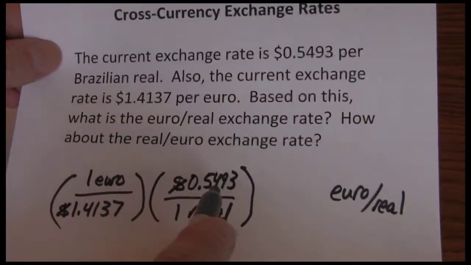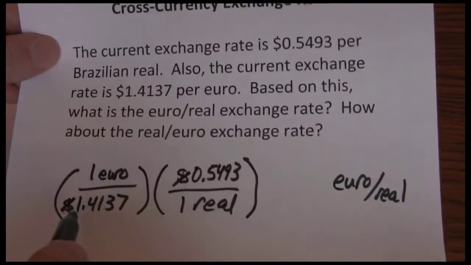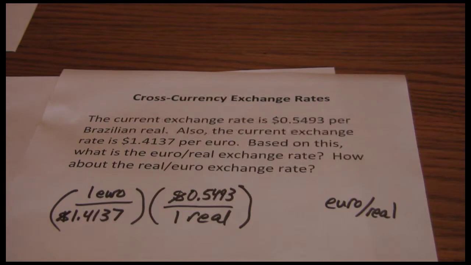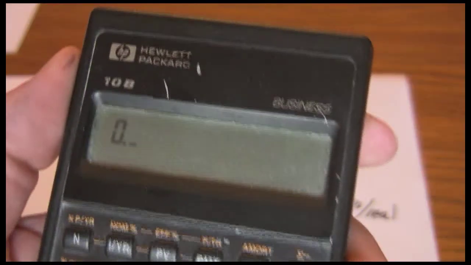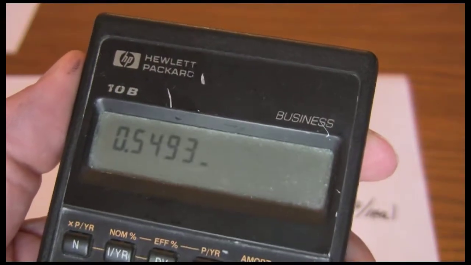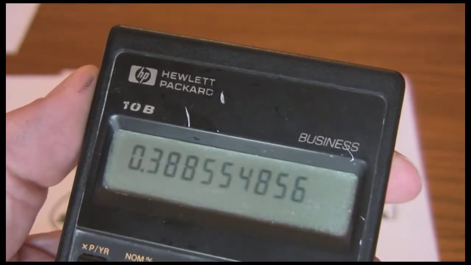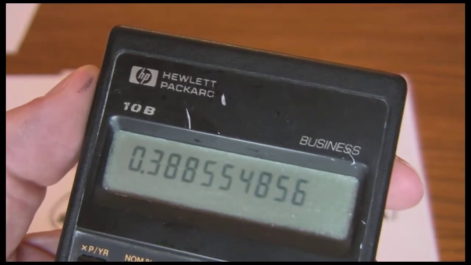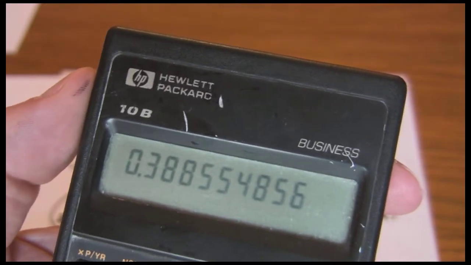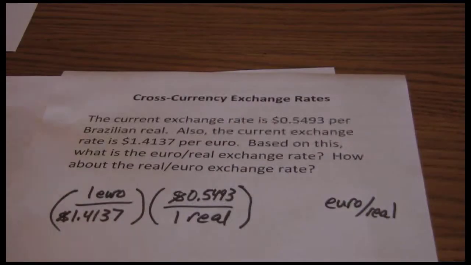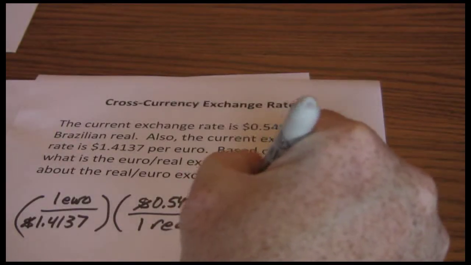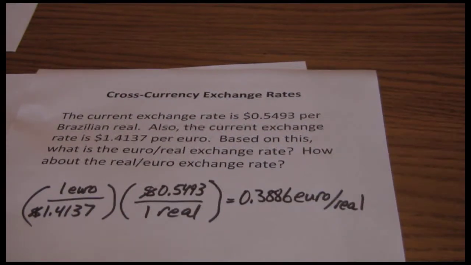And we just take the 0.5493 divided by 1.4137, and we're left with 0.3886. When we round that off, it'll be 0.3886. So our exchange rate is 0.3886 euros per real.